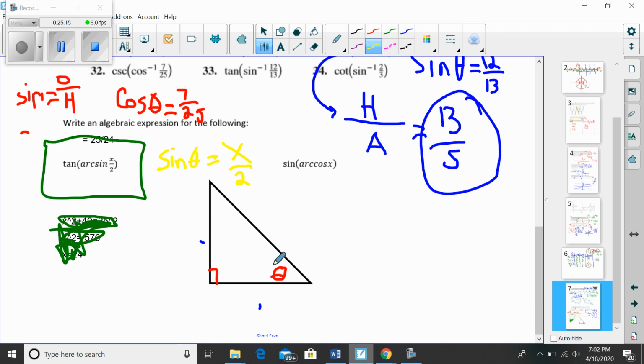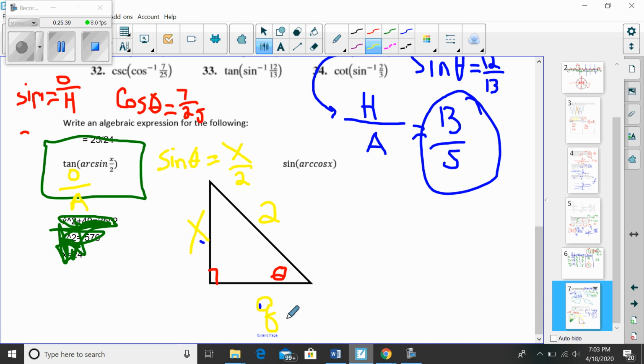Sine is opposite over hypotenuse, and tan is opposite over adjacent. I've got my opposite side x, and I need to find the adjacent side, so I'll just call it Q.